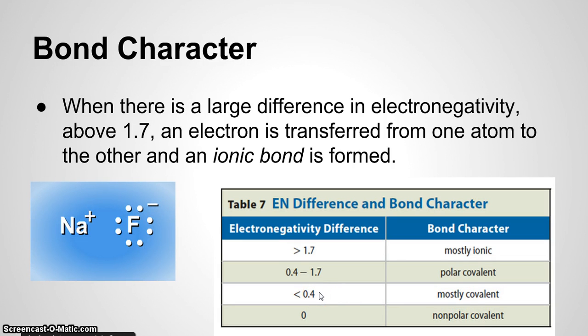If they're very close in electronegativity, it's mostly covalent, meaning they're mostly shared equally. If the difference is between 0.4 and 1.7, it's a polar covalent bond, so they're shared, but one is pulling more than the other. And if the difference is greater than 1.7, it's mostly ionic. One electron will be transferred from one atom to another.